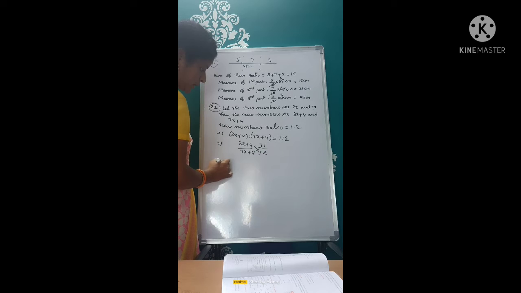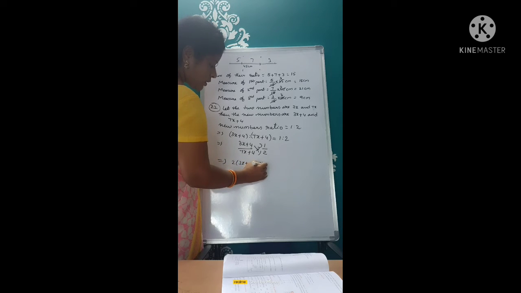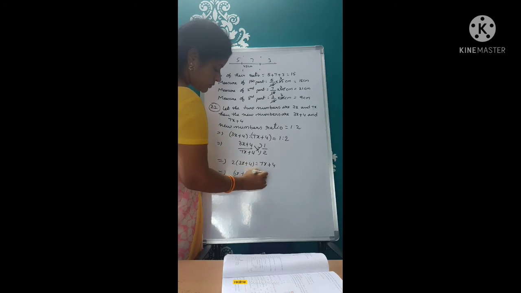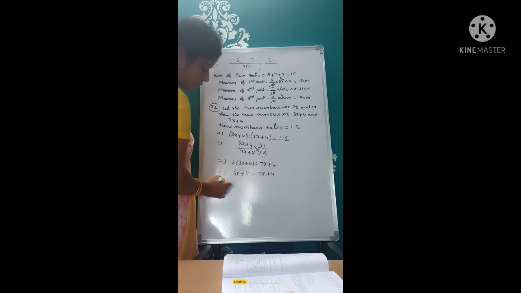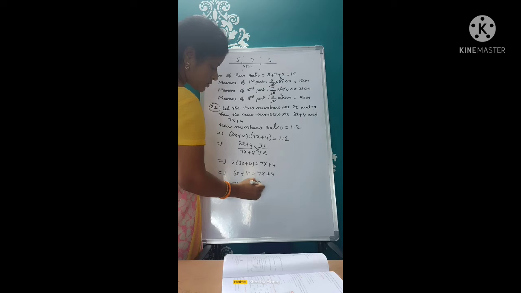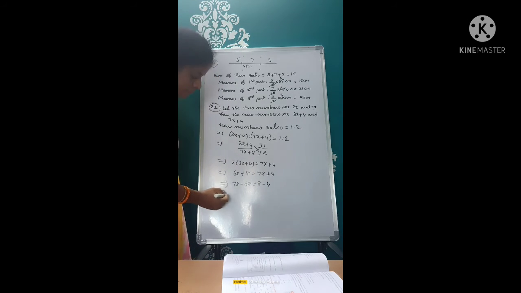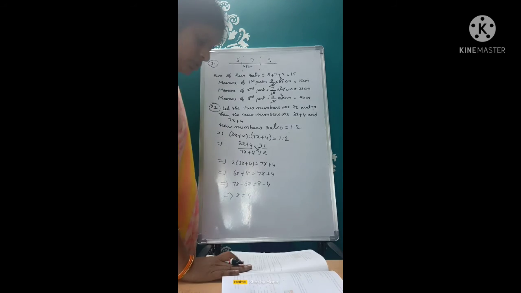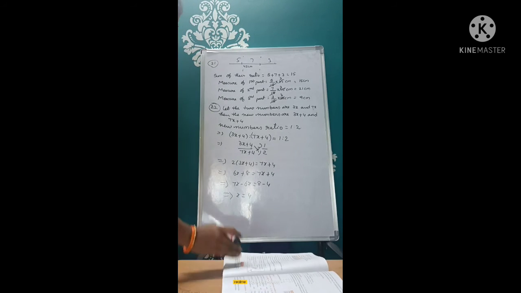By cross multiplication, 2 times 3x plus 4 equals 7x plus 4. So 6x plus 8 equals 7x plus 4. So 7x minus 6x equals 8 minus 4. x equals 4.